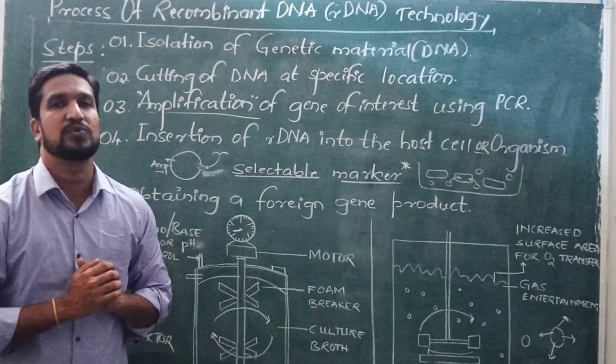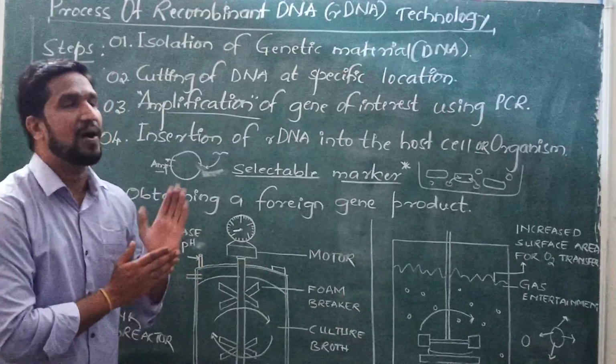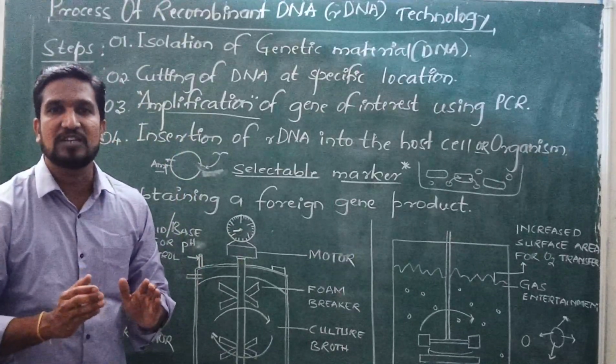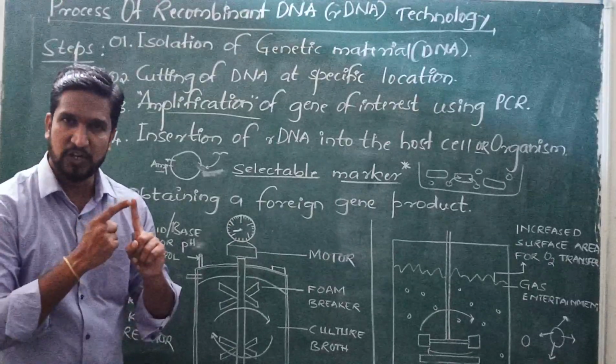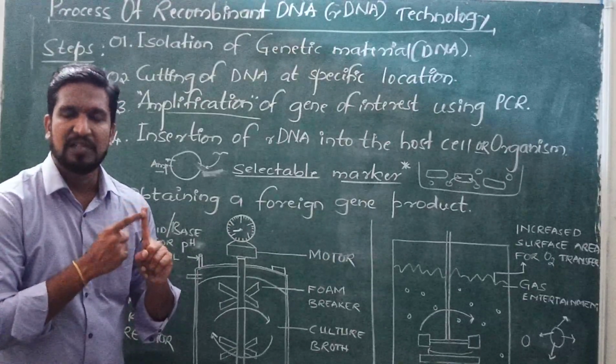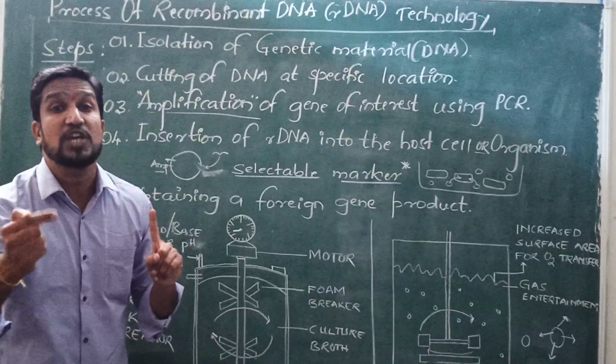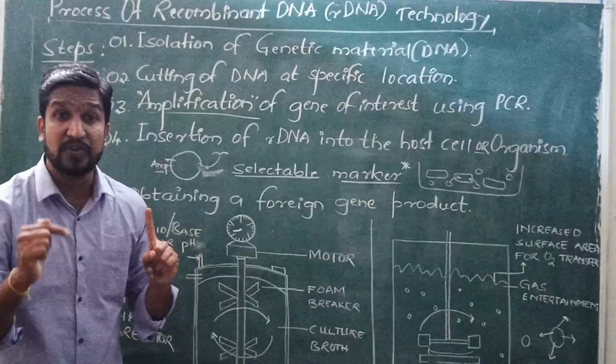Once again I am telling you, students, that the last step of rDNA technology is the downstreaming process. The definition of the downstreaming process is the process of separation and purification of the product.